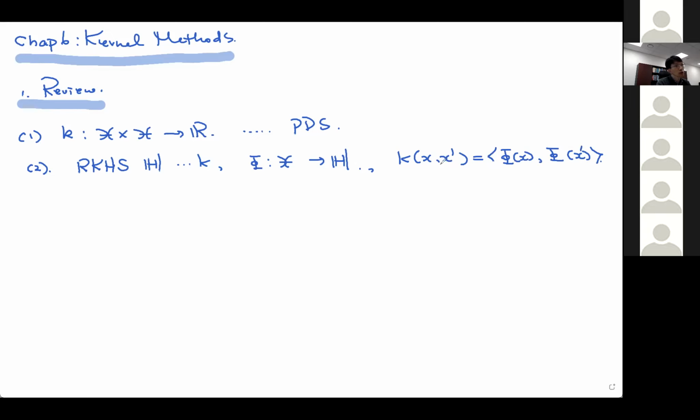And this result tells us that if the kernel satisfies positive definiteness and symmetry, then the kernel is really computing the inner product in some feature space, which can be infinite dimensional in some cases. And then we tried to answer the question of how to build such a kernel K.